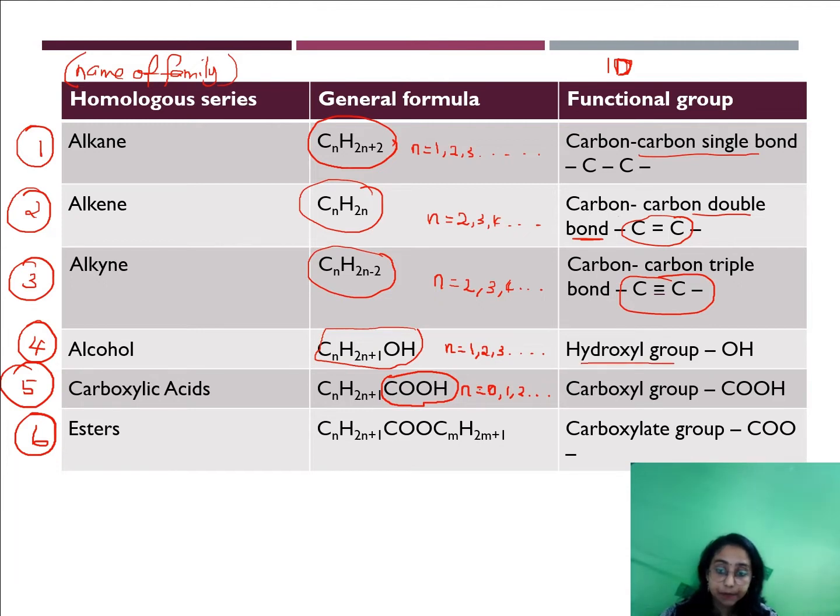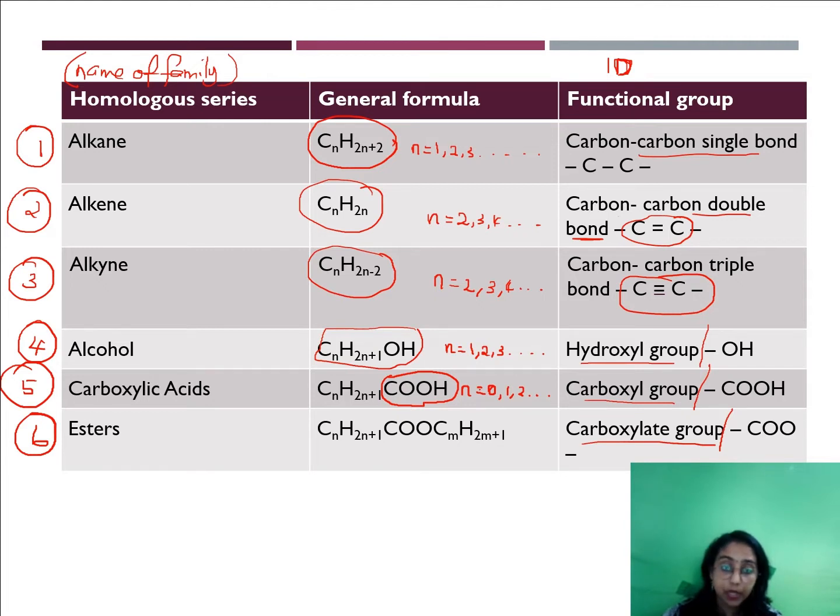Carboxylic acid has the carboxyl group. Ester has the ester group. There are three ways you can state your functional group: either you spell out the name, or you write it in the form of a formula, or you draw it.